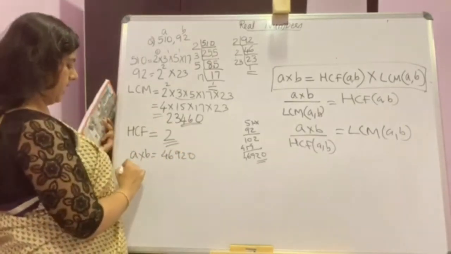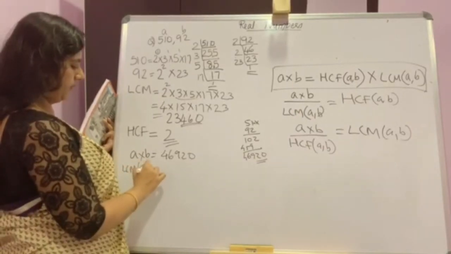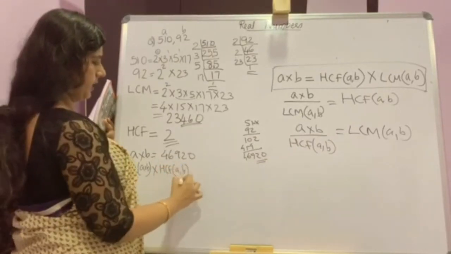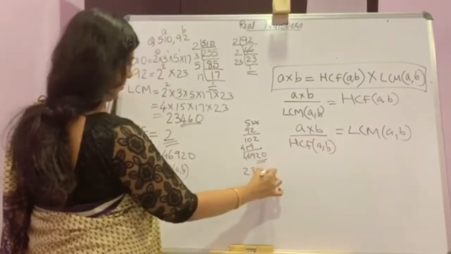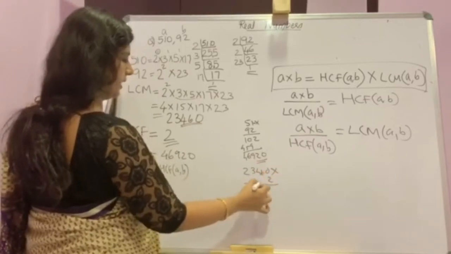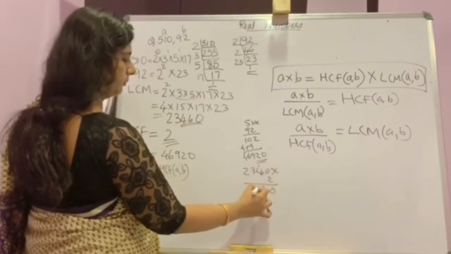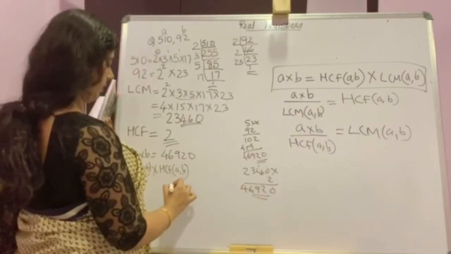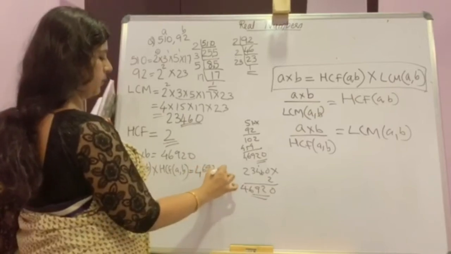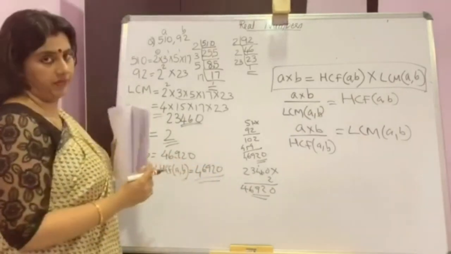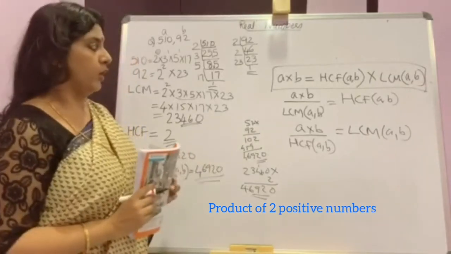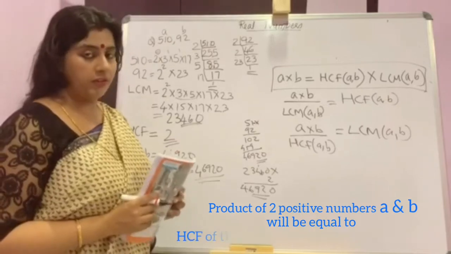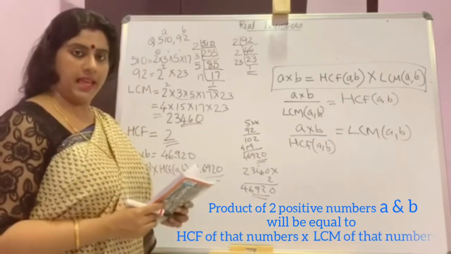Now we have to check LCM of A and B into HCF of A and B. That is 23460, the LCM, into HCF. Again we got 46920. So this is verified here. That is, the product of two positive numbers A and B will be equal to the HCF of those numbers into the LCM of those numbers.